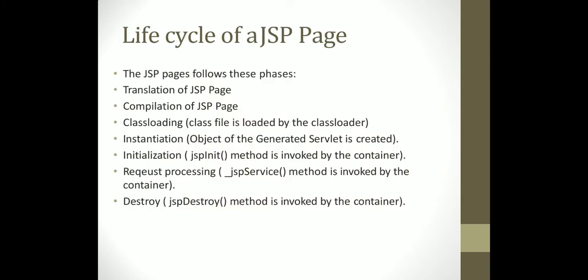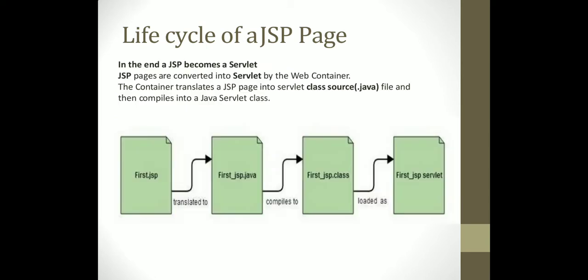JSP pages follow phases like translation of the JSP page, compilation of the JSP page, class loading, instantiation, initialization, request processing, and destroy methods. We have seen this with an example: JSP pages are converted into servlets by the web container, which translates the JSP page into a servlet class source, that is a .java file.